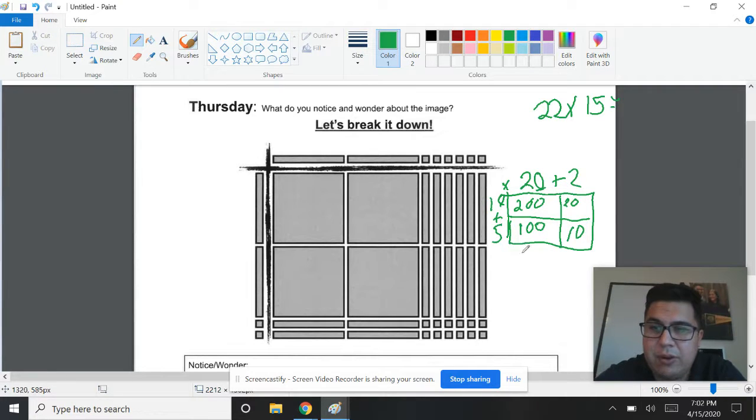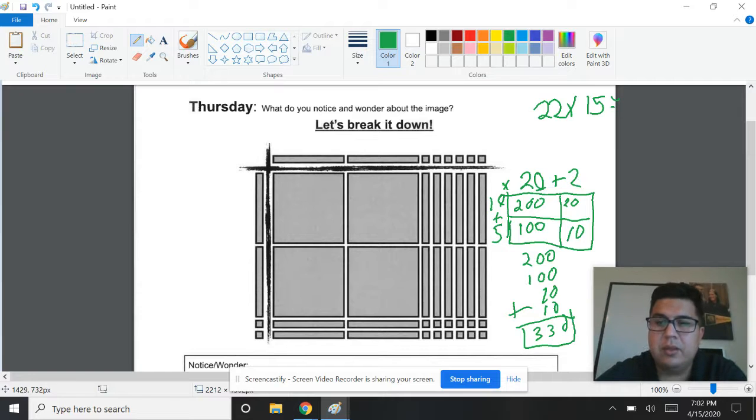Now I'm going to add all these up to see 200, 100, 20, and 10, and I get 330. So looking at that problem, maybe look at this model again and see if there's a way you can solve it.